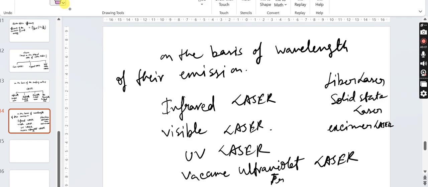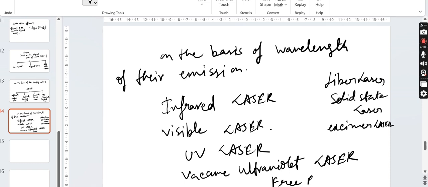The free electron lasers are very important. They can generate photons at very high frequencies also. So on and so forth.